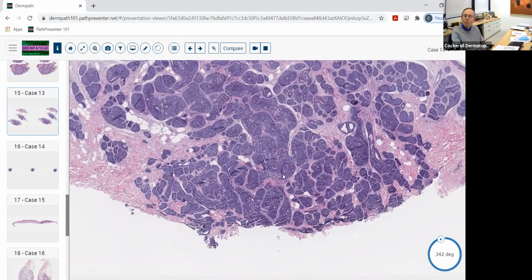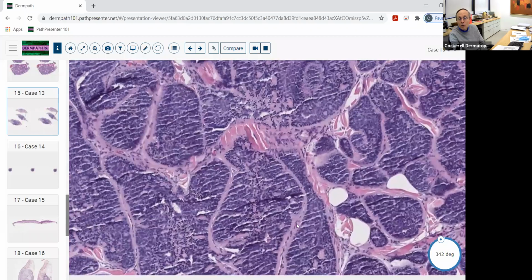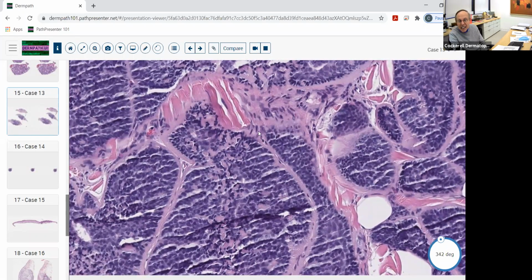When you see this pattern, cells are closely aggregated to one another, and they're not coalescent. They've got these individual pink hyaline zones between them. So this hyaline collagen, and maybe some of that is probably some hyalinized basal membrane-like material surrounding the individual aggregations.